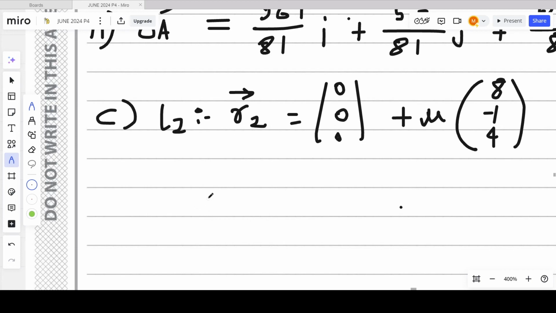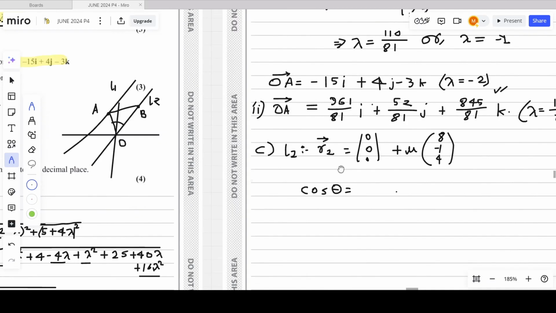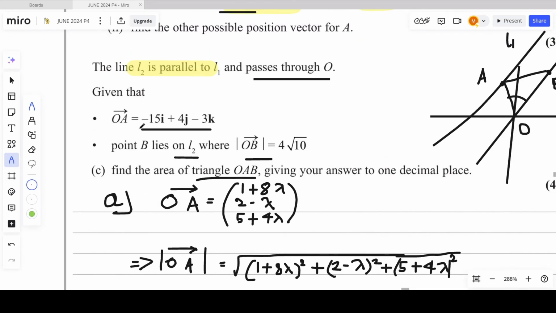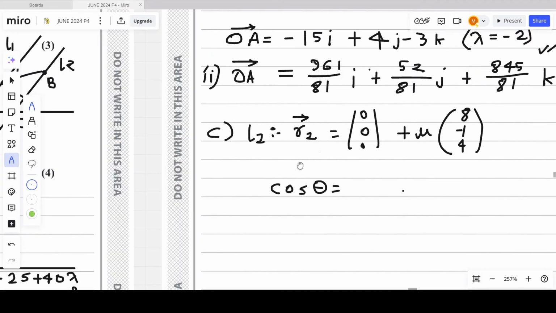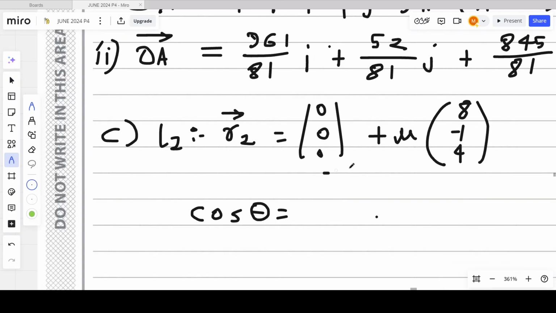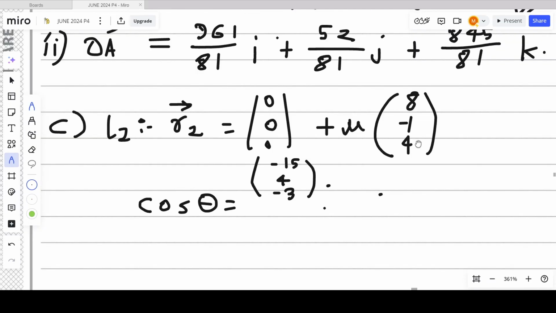Now we need cos theta, between the line OA, where OA is the position vector of A, negative 15, 4 and negative 3, dotted with the parallel component of L2, 8, negative 1 and 4.